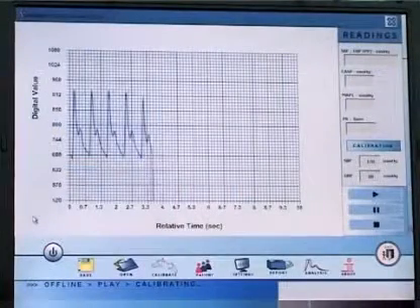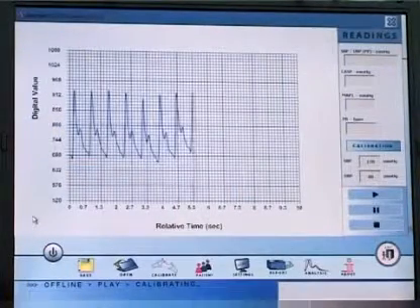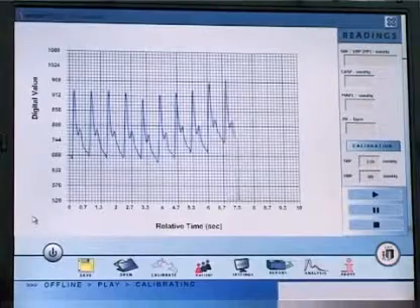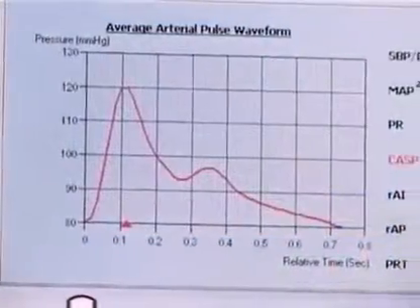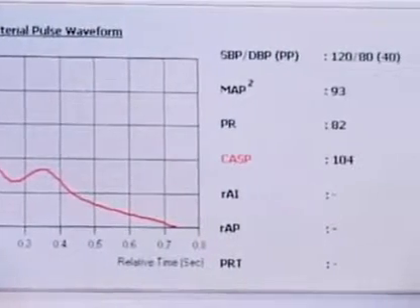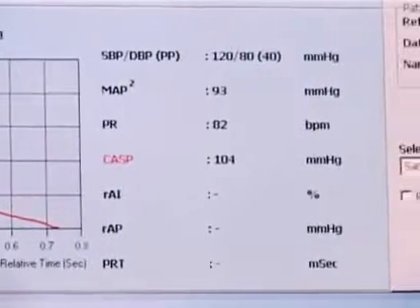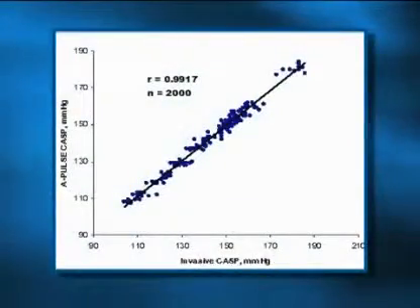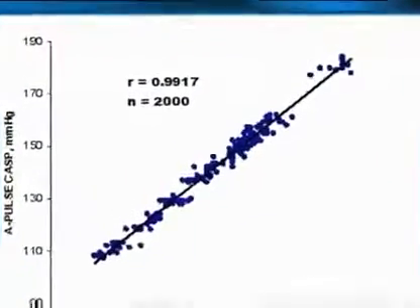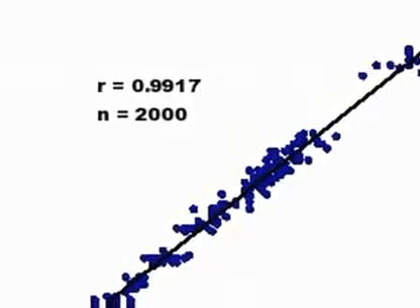For every wave, we continuously follow wave for wave. We measure the central pressure here, and we read off the central pressure as calculated by the APAUS. We have 2,000 patient waveforms, and the accuracy was 0.9917, which is unbelievable.